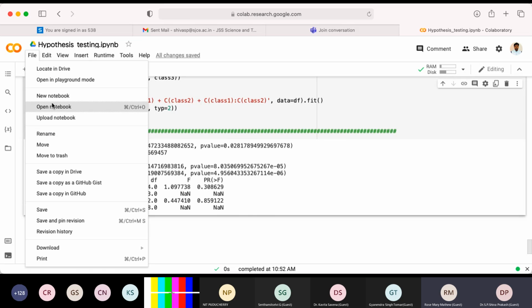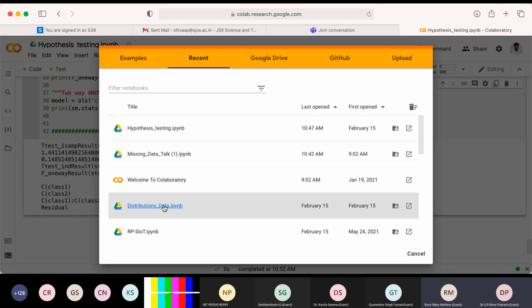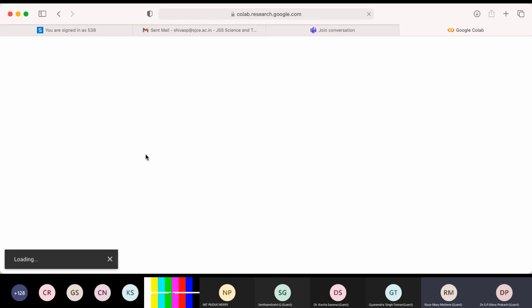And with respect to the distribution, how the data has been distributed.